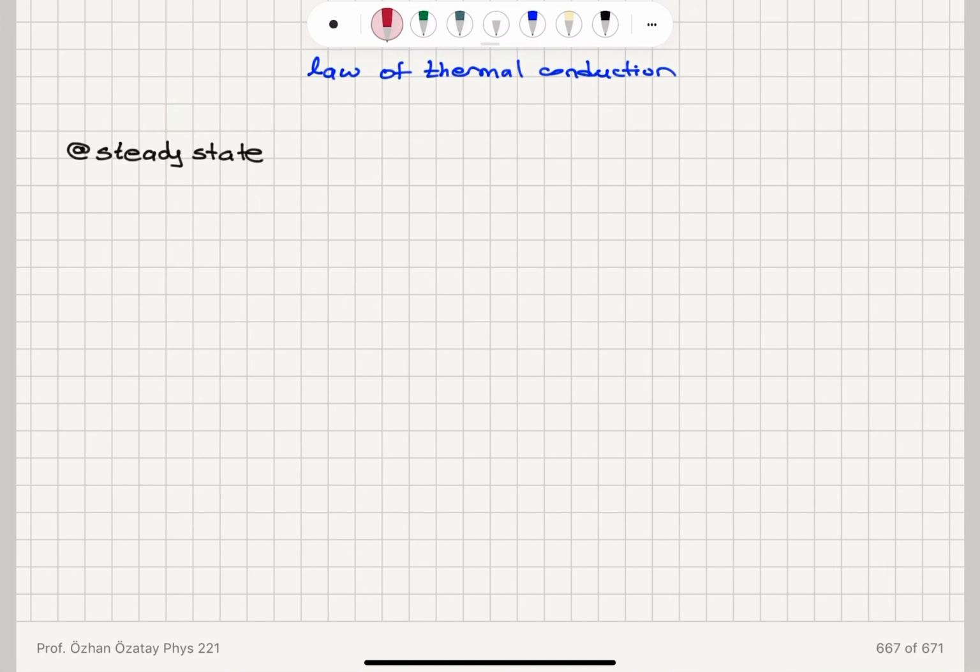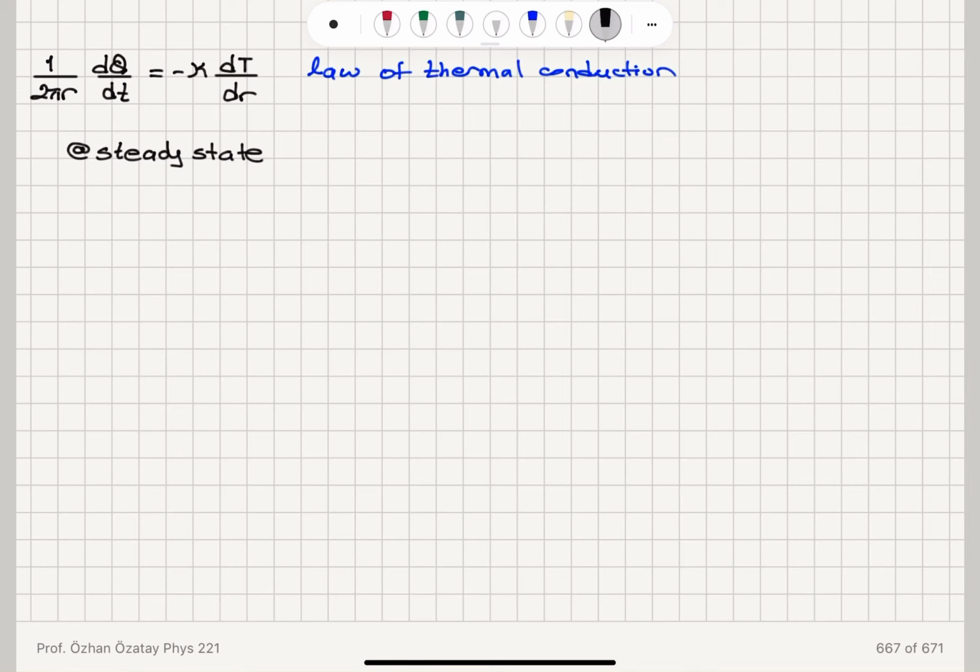So we obtain the following situation: 1 over 2 pi r dQ/dt. This is the heat flowing per area per time, because this was already per length. So this divided by 2 pi r gives me the heat flux. The heat flux is minus kappa times dT/dr. That's the law of thermal conduction.